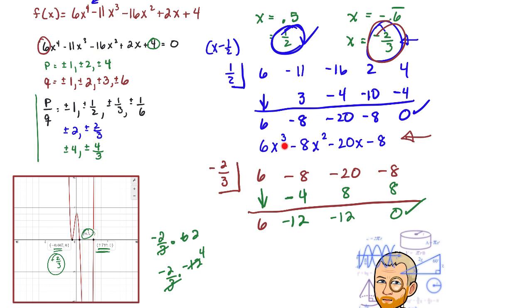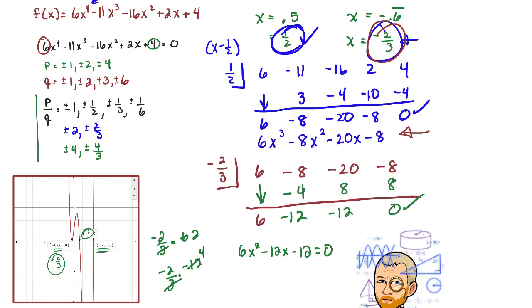The second division took the x cubed, reduced it now to an x squared. 6x squared minus 12x minus 12 equals 0. And at that point, I can solve that equation because it is quadratic.